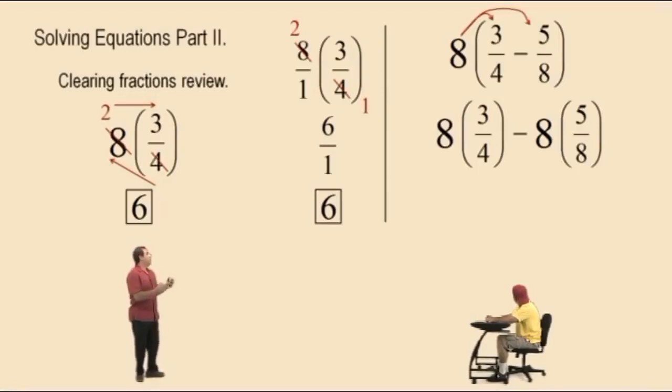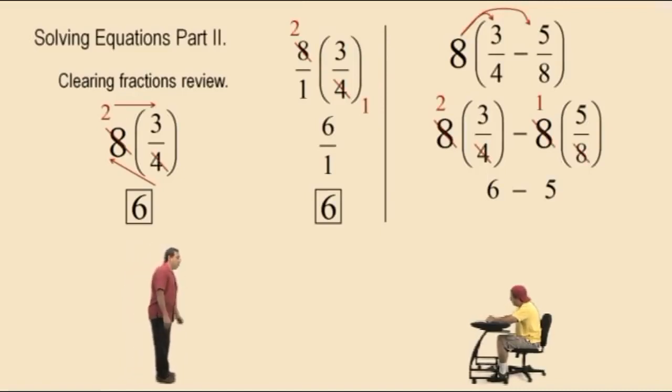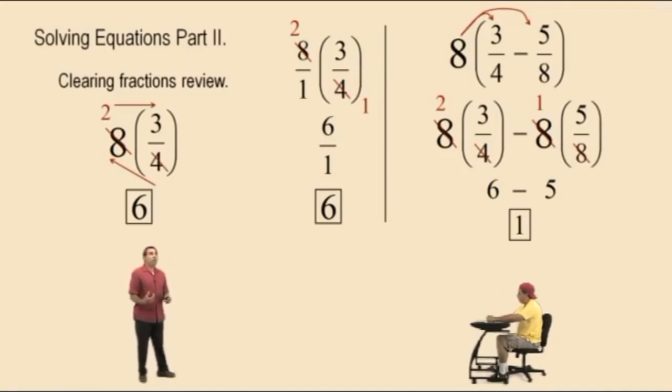Therefore, we know that LCD is going to be divisible by those denominators, right? So here it comes. 8 divided by 4 is 2. 2 times 3 is 6. Bring down your subtraction. 8 divided by 8 is 1. 1 times 5 is 5. And 6 subtract 5 is 1. So this is a technique we're going to use to make it easier on ourselves when we solve equations that have fractions in them. We're going to kung fu those fractions right out of there.